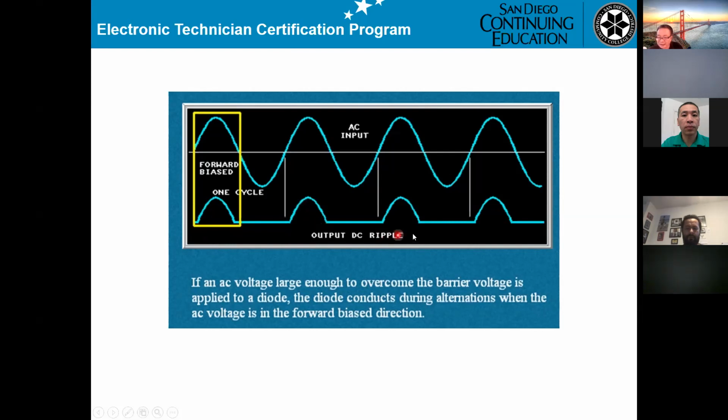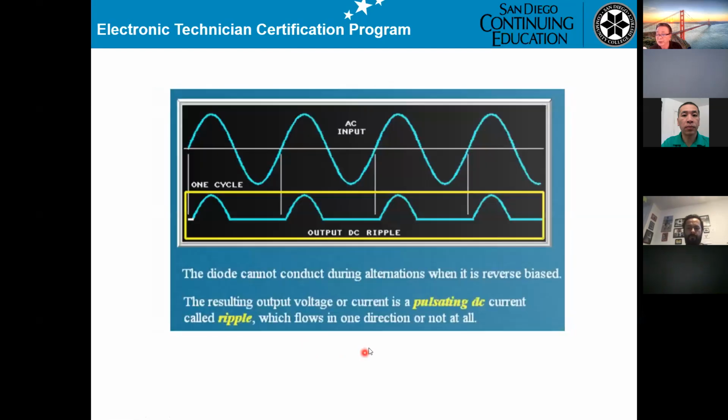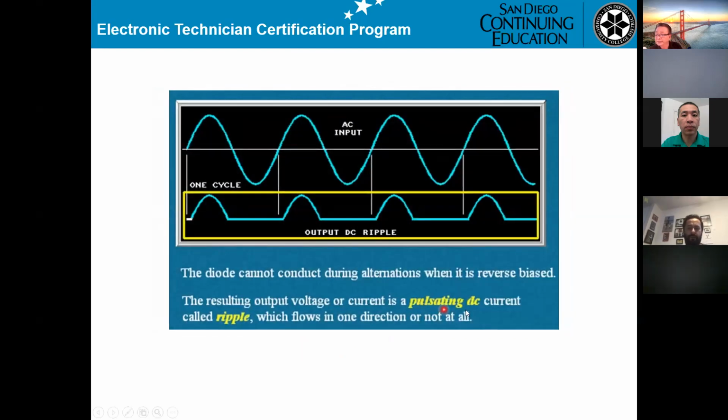After that, it still goes from left to right. This pulsating DC current is called a ripple. The current flows in one direction, or not at all. Otherwise it's zero. So that's why it's DC.